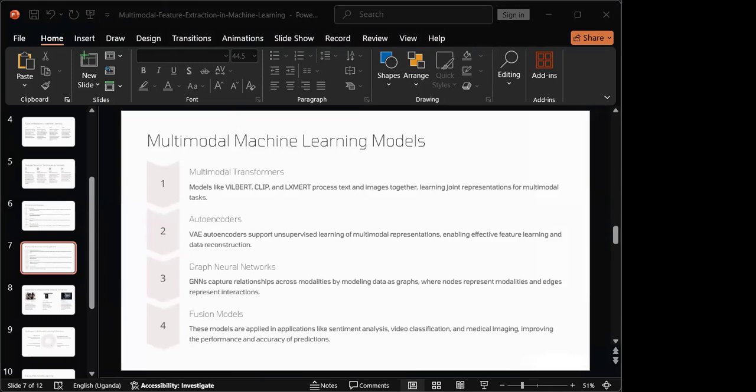So the machine is able to understand this. Sentiment analysis can be used in so many cases, like detecting bias in facial expressions and body language. Then we also have video classification and medical imaging, improving the performance and accuracy of predictions in such scenarios. Next page.